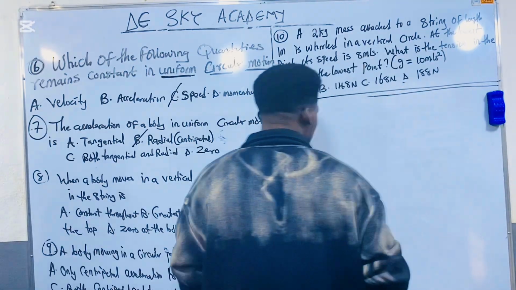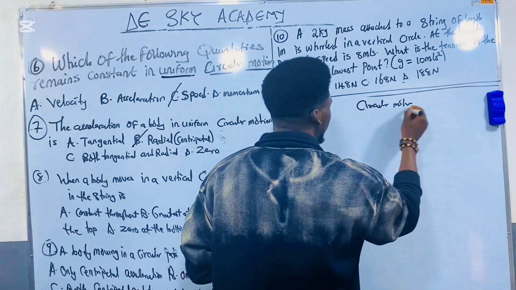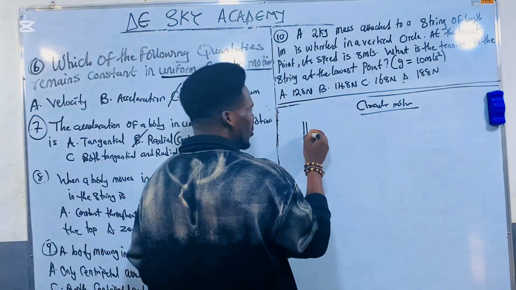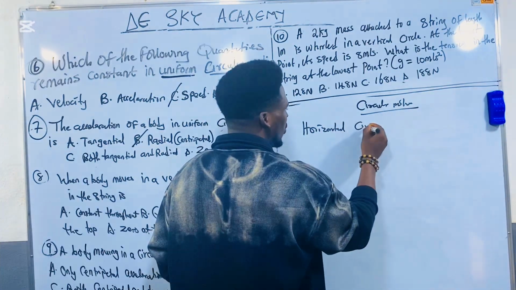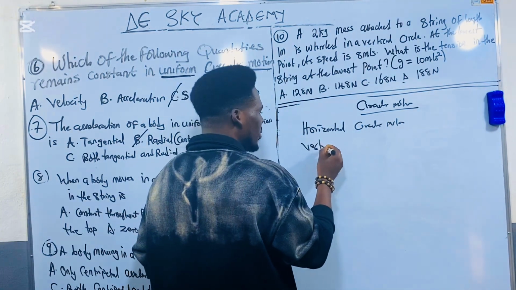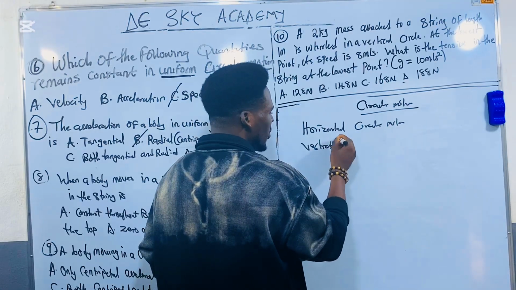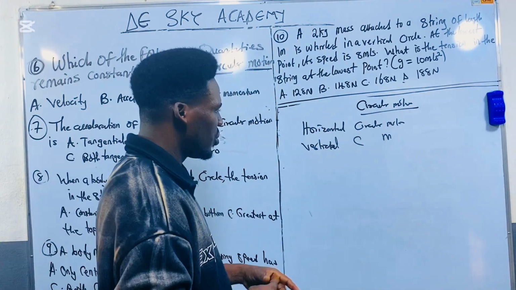That means circular motion. That means circular motion is divided into two. We have what we call horizontal circular motion. Then we have vertical circular motion. What is the difference between these two?